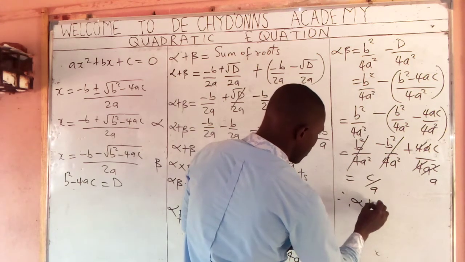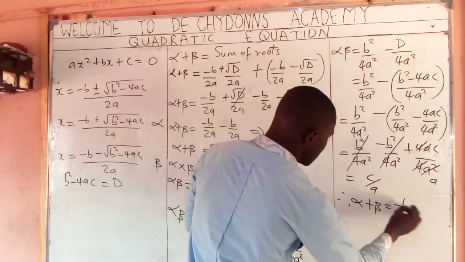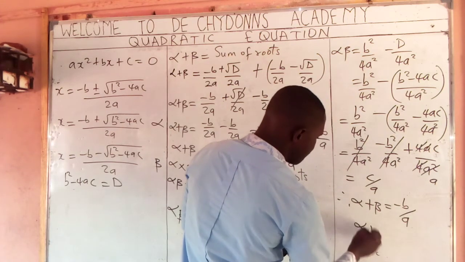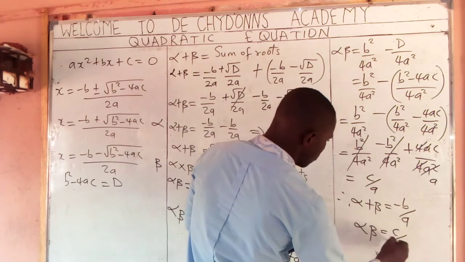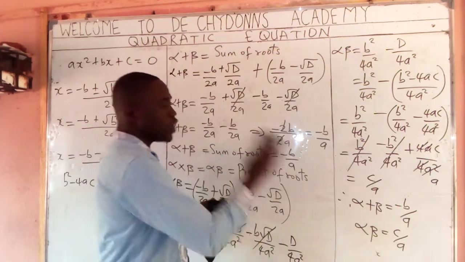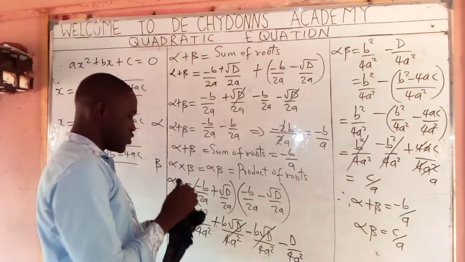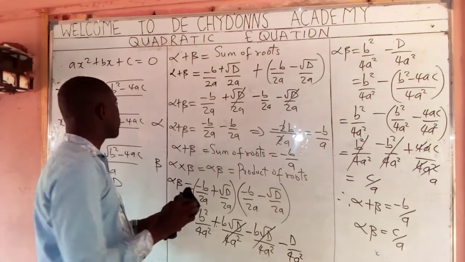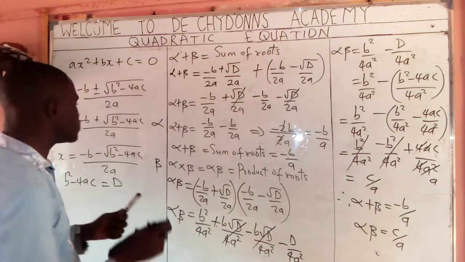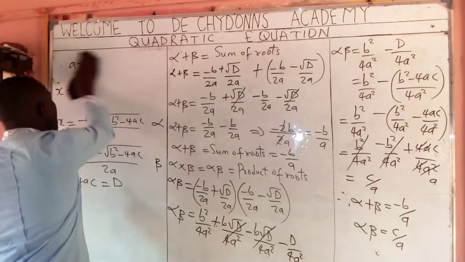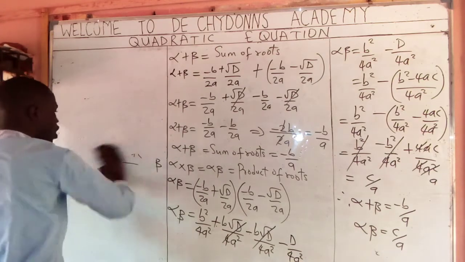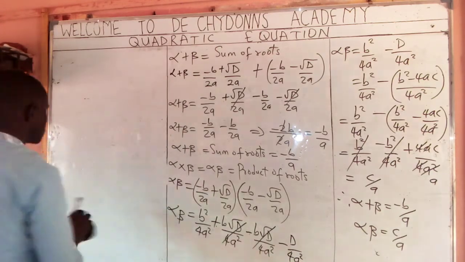Therefore, alpha plus beta is equal to minus b over a. Alpha beta equals c over a. So we have been able to derive the sum of roots and the product of roots from the roots of the equation. Now see how helpful this answer can be for us.